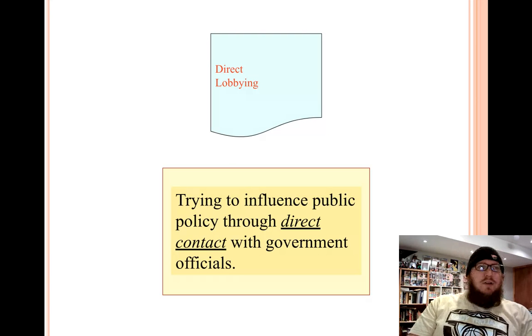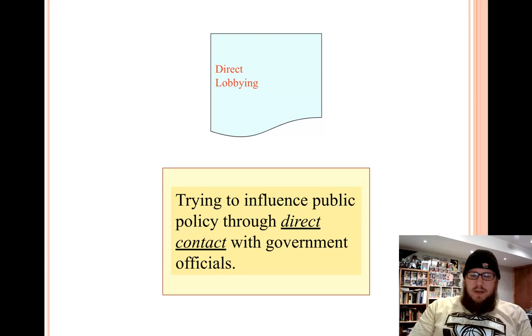And they're going to try and sit down and have meetings with them, right? They'll have a lunch with members of Congress. They will give a prepared presentation to a government official about the issue at hand, what the group really cares about.